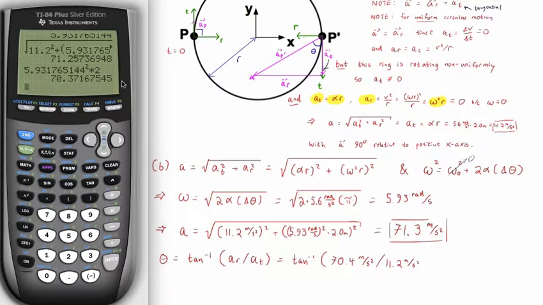It's not time dependent or distance dependent. So then we actually take that inverse tangent. We want 70, because that's opposite, divided by 11.2. Close parentheses. So it gives us an angle of 1.4 degrees.